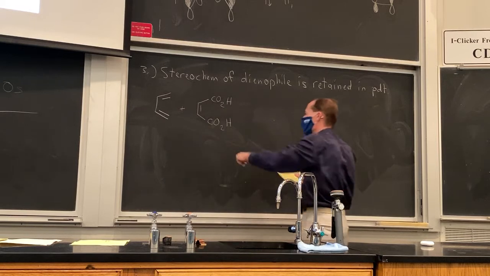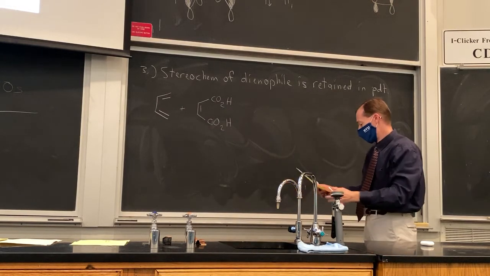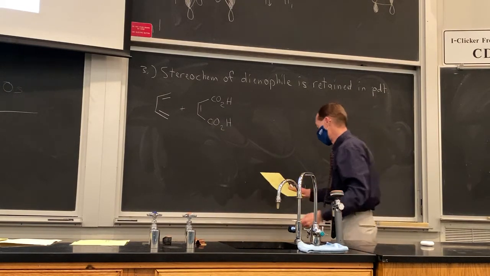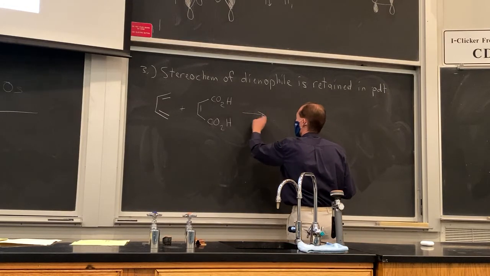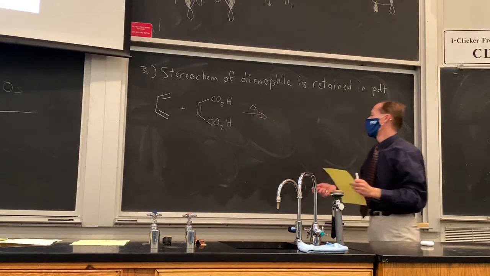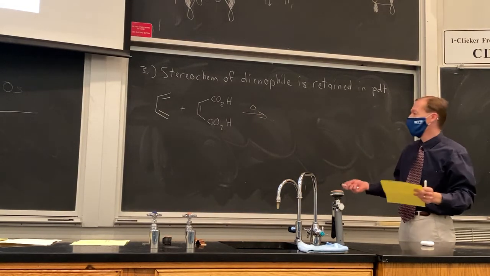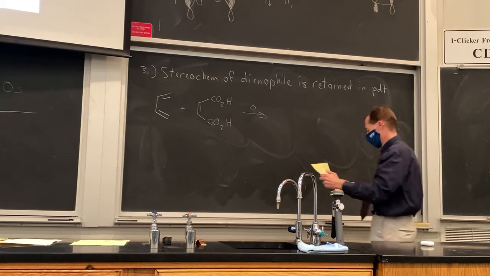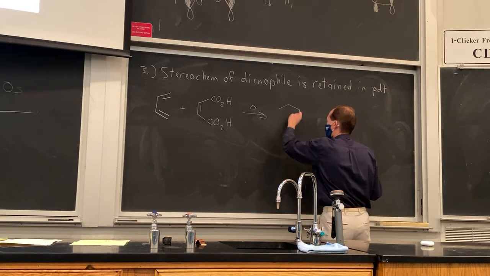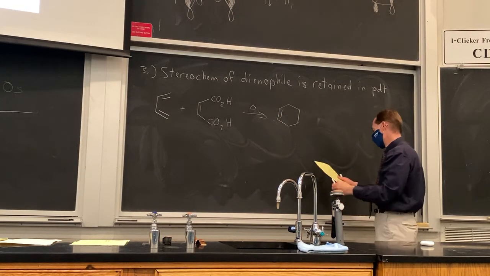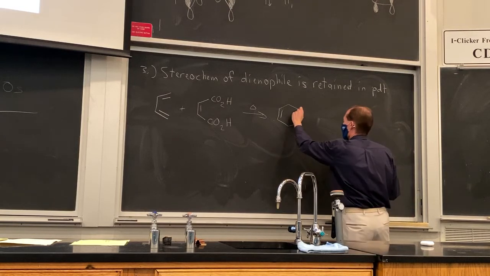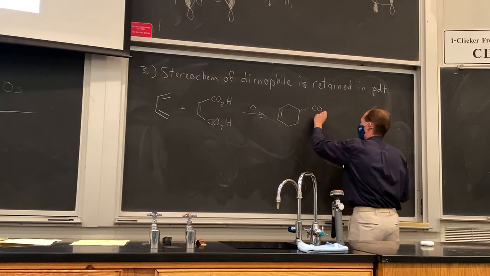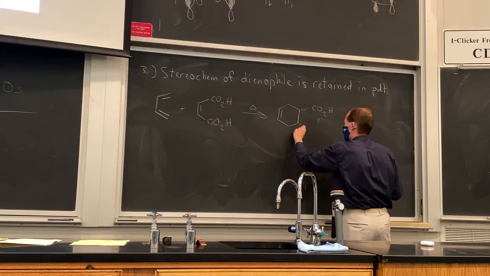The carbonyl groups of our carboxylic acids will function as electron withdrawing groups. You notice that the two carboxylic acid groups are cis to each other on the dienophile. When the Diels-Alder reaction occurs and we generate the cyclohexene product, those two carboxylic acid groups remain cis.